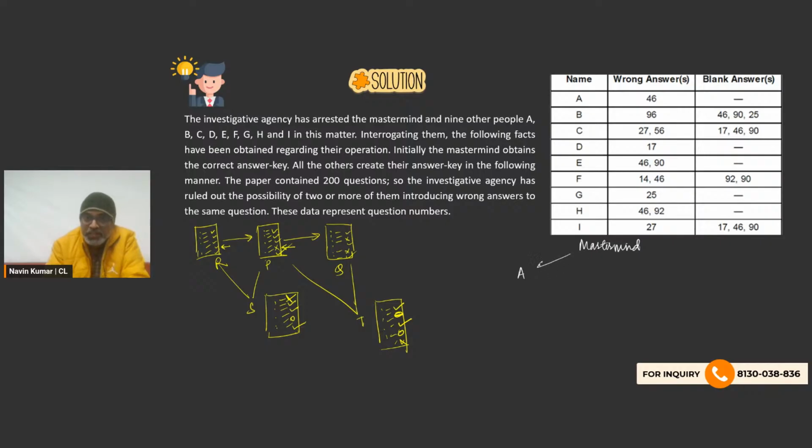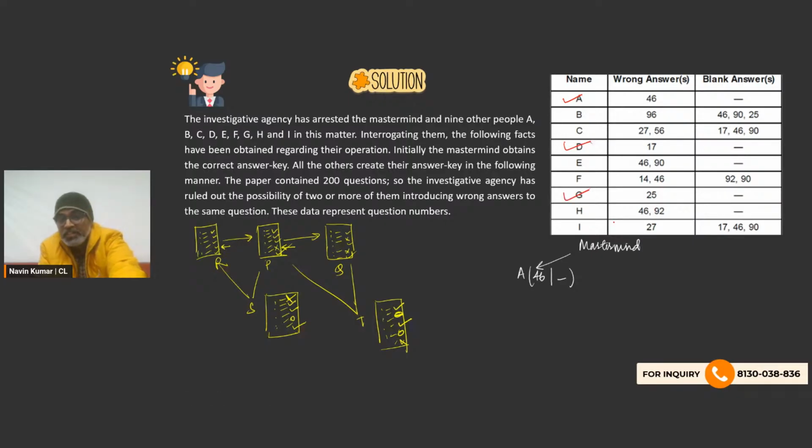So A is definitely below the mastermind, where 46 is the one where he has made the wrong answer, and there is no blank. What other people do we have just like A? So we have A with 46 wrong and no blank, D is there, and G is there.